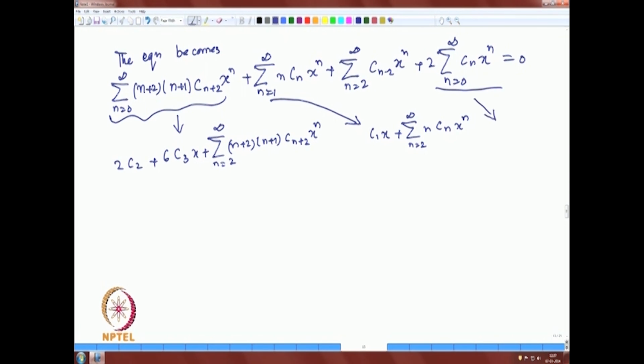The last term we can change, this is 2 c_0 plus 2 c_1 x plus summation c_n x^n, n goes from 2 to infinity.